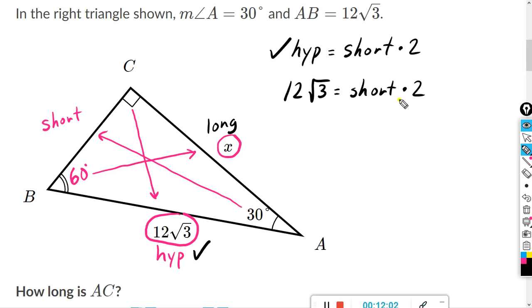Solving for the short leg, the opposite of times 2 is divided by 2. Right here the 2's cancel. 12 divided by 2 is 6, and we still have radical 3. That equals the short leg.